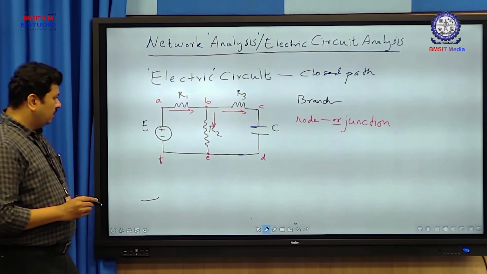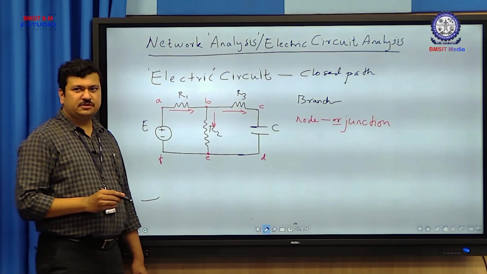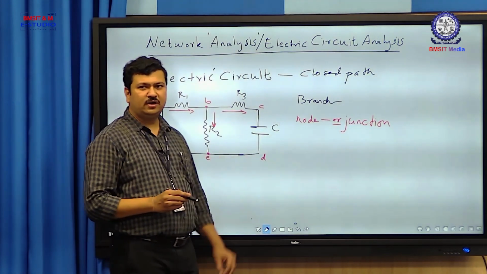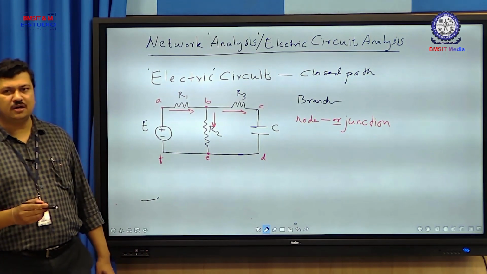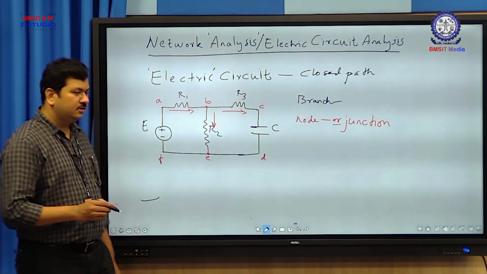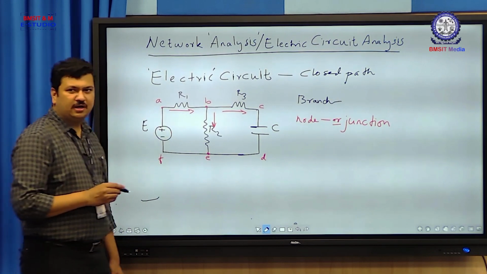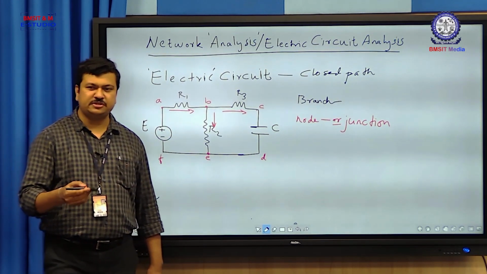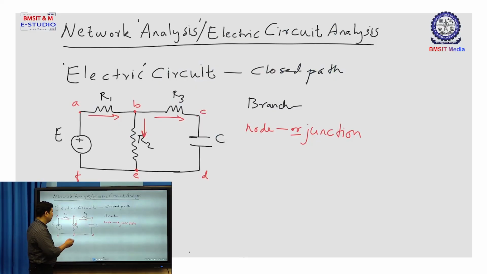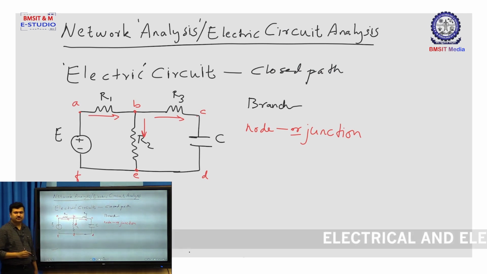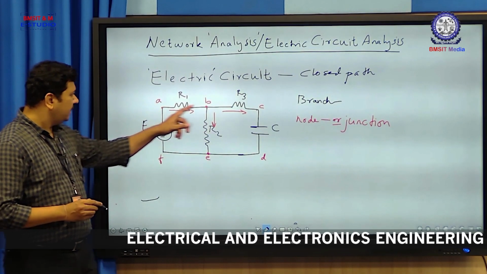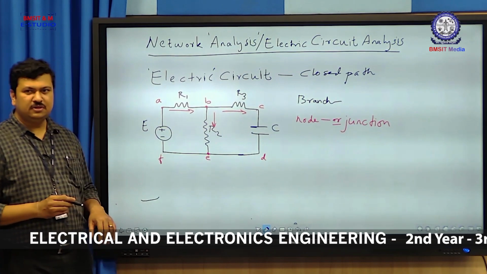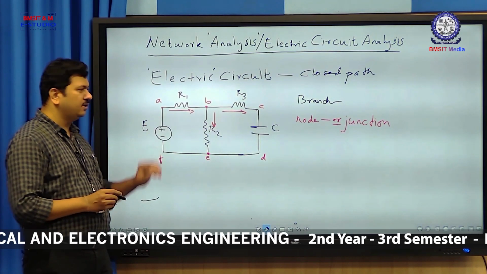Okay. A node, in a very specific sense, is a point where more than two branches meet, or a point where the current gets divided. If the current is not getting divided, then generally we do not specify that as a node. So, therefore, only B and E will form the nodes in the circuit shown, whereas points A, C, D or F will form the corners because of the orientation.